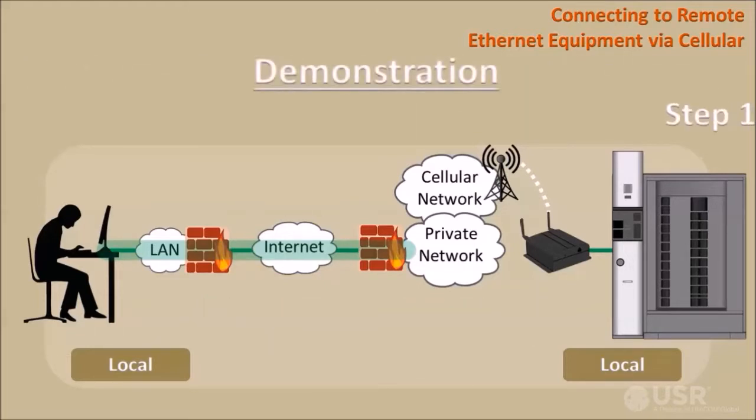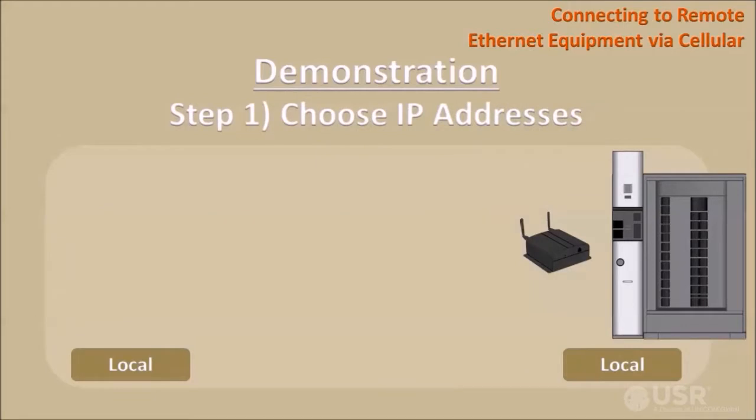The demonstration begins by choosing the IP addresses of the gateway and the target equipment so they can connect over Ethernet. In this example, I prefer to keep the gateway's default IP address and choose a new IP address for the target equipment. The default IP address of the gateway is 192.168.1.1.